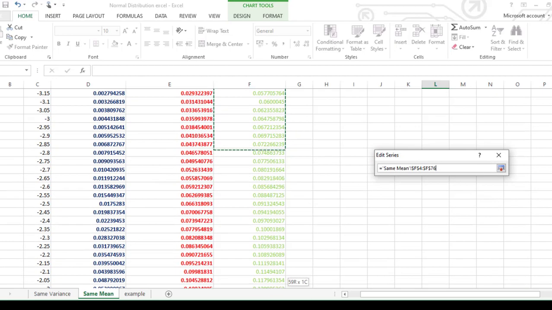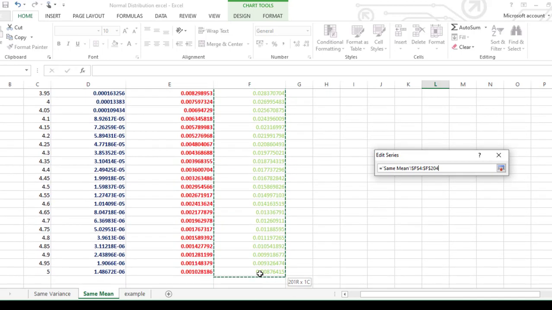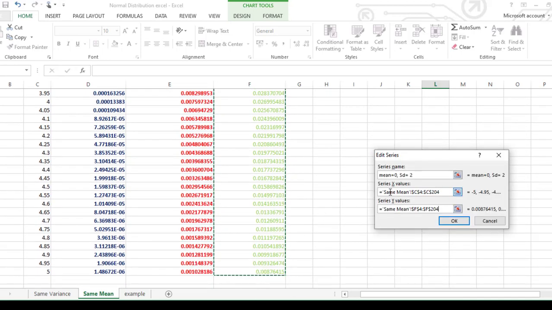Here one thing you must remember is that we can always extend our range of x if we want to extend our curve.